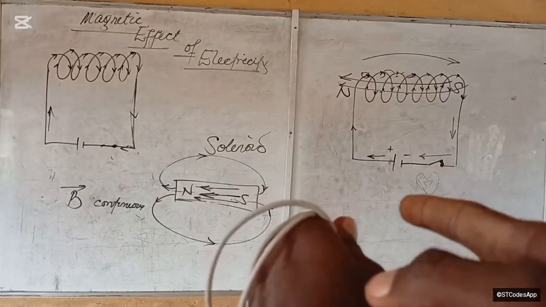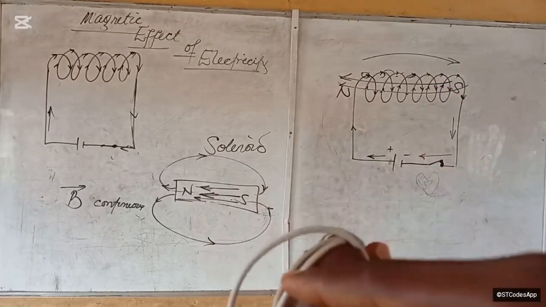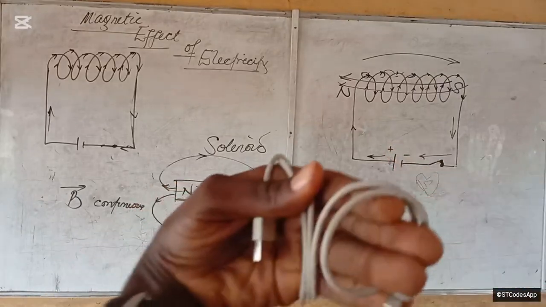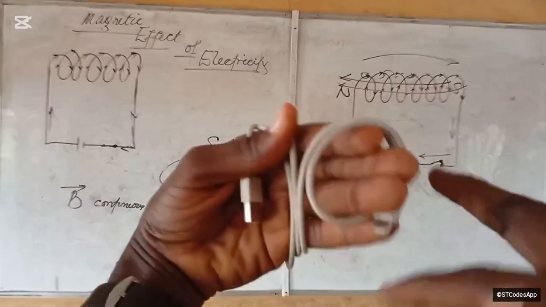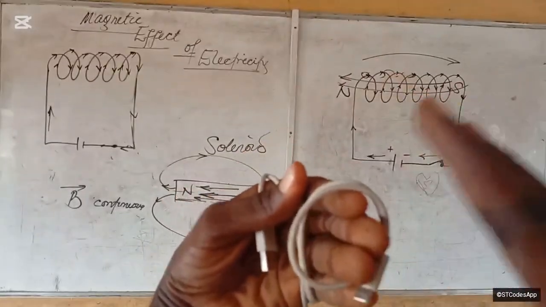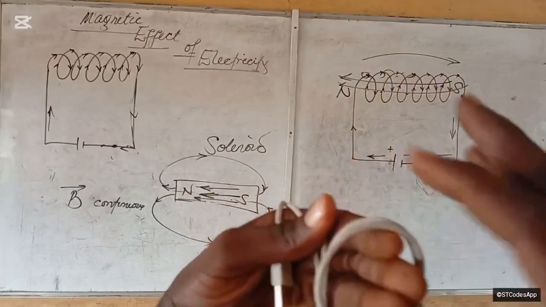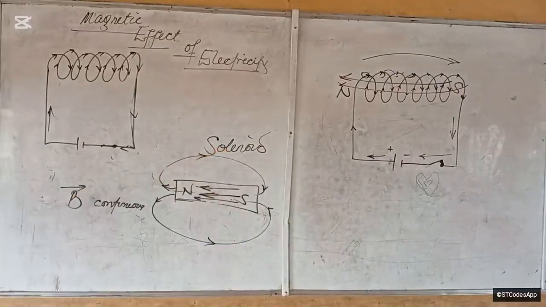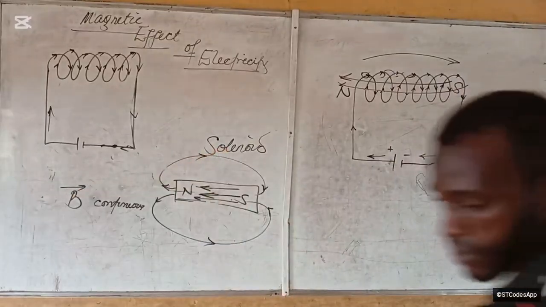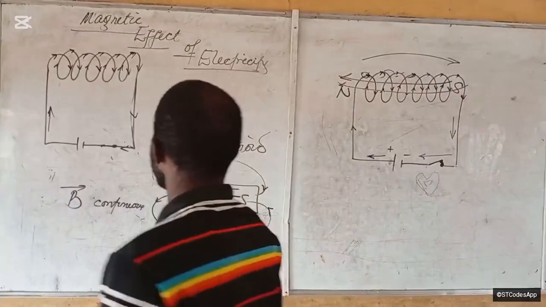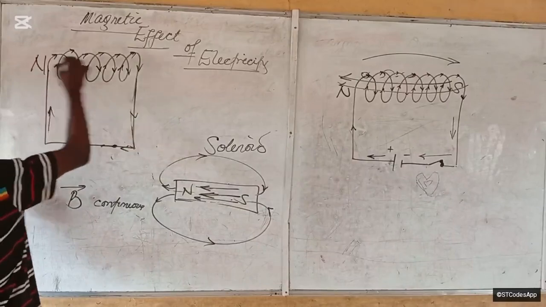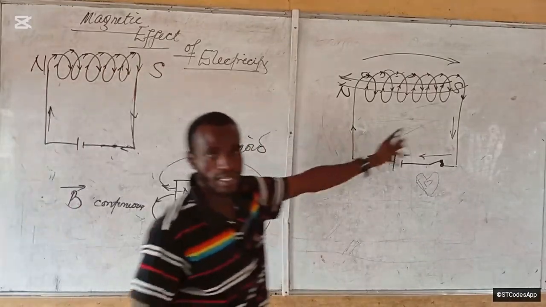So where the current is going anti-clockwise, you call it the north. If you look from here, since current is coming like that, it's going clockwise. So where the current is coming in the clockwise direction is going to be our south. Does that make sense to you now? So this is going to be our north, and this is going to be our south. You see, we are correct.